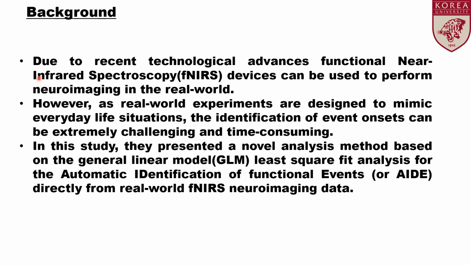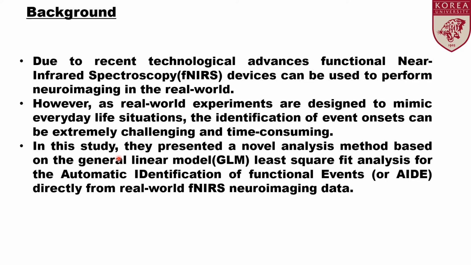So, due to recent technological advances, functional near-infrared spectroscopy devices can be used to perform neuroimaging in the real world. However, as real-world experiments are designed to mimic everyday life situations, the identification of event onsets can be extremely challenging and time-consuming.